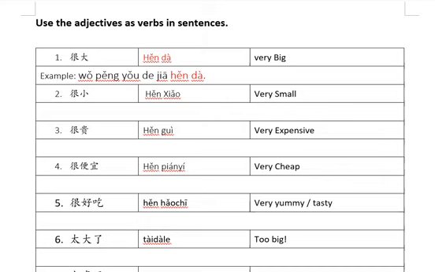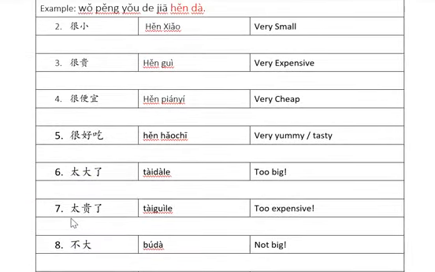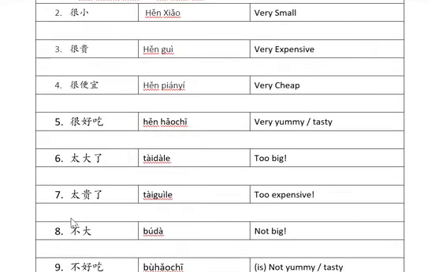So now we're going to have a practice of the adjectival verbs, making some sentences with the adjective verbs of this unit. In this unit, I have chosen nine different adjectives. I want you to make some sentences with those adjective verbs.